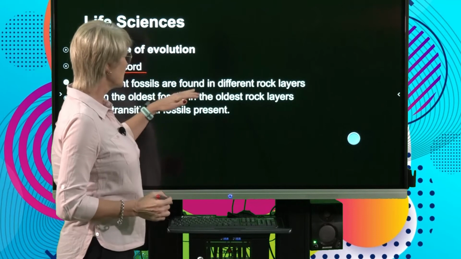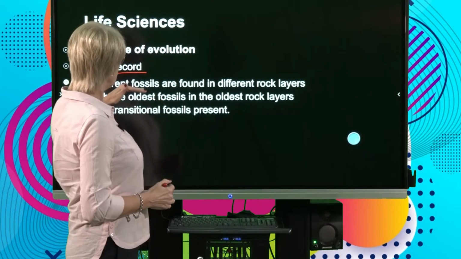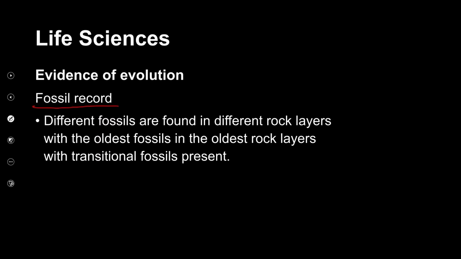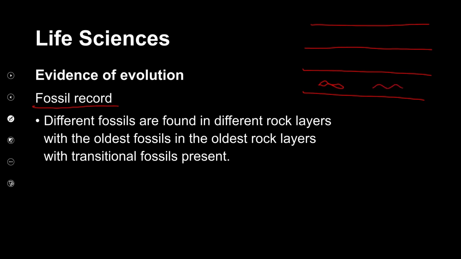What we do is we have a look, and we find that fossils are found in different layers of rock. If you remember, we have stratified rock, so it means that there are various layers. We might find some kind of fossil organism here, and then something else here, and something else here.